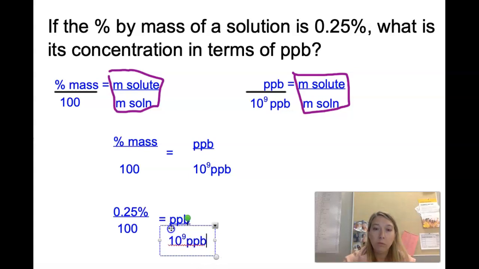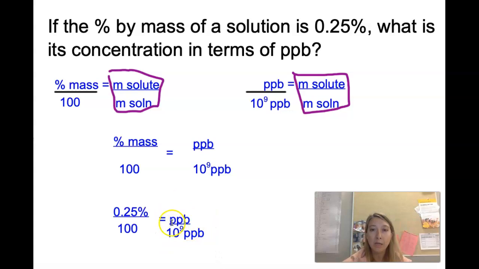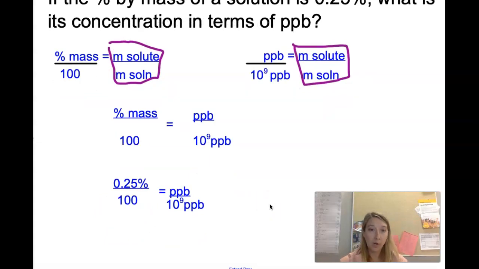And now I can solve this, right? I have my one unknown, which is PPB. So I can do my 0.25% times 10 to the 9 divided by 100. And I can figure out how many parts per billion that percentage corresponds to. So 0.25 times 10 to the 9 divided by 100.